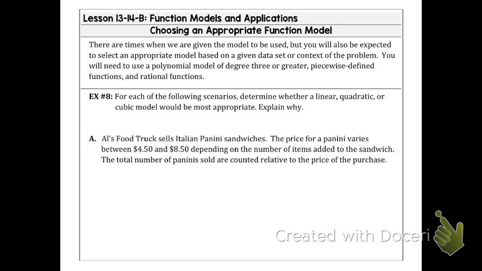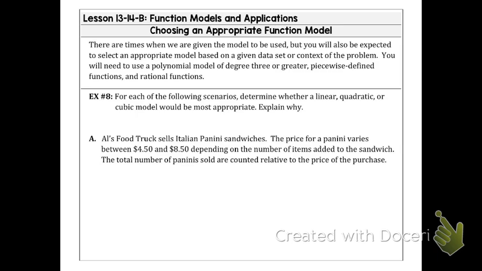So, on A, it says Al's food truck sells Italian panini sandwiches. The price for panini varies between $4.50 and $8.50 depending on the number of items added to the sandwich. The total number of panini sold are counted relative to the price of the purchase.